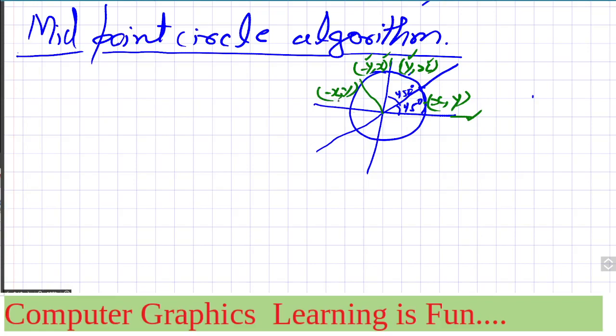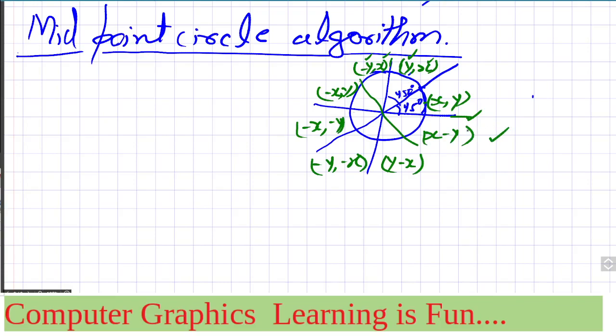Similarly here both are minus: minus x, minus y. Then here minus y, minus x. In this quadrant it will be y and minus x. Here it is x y. Here it will be plus x and minus y.